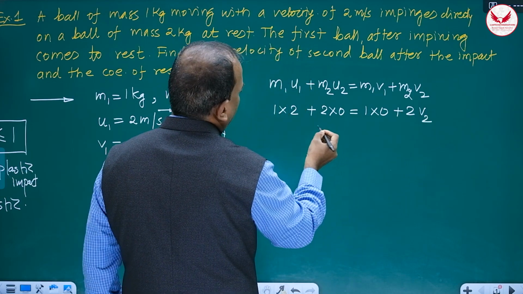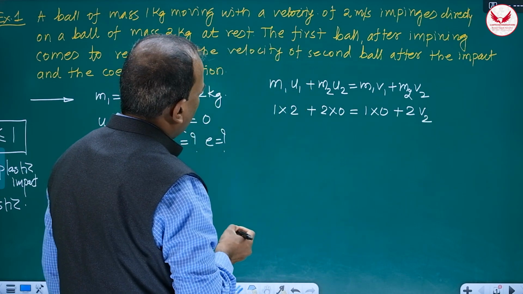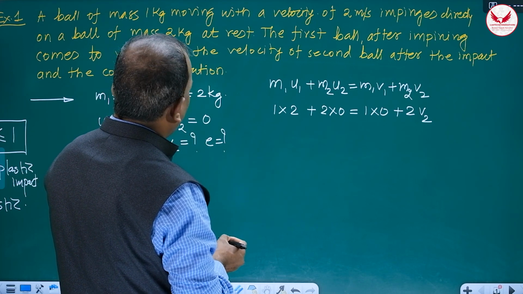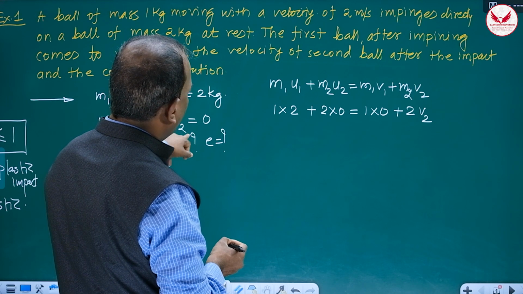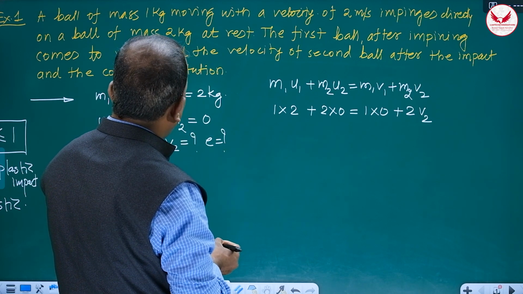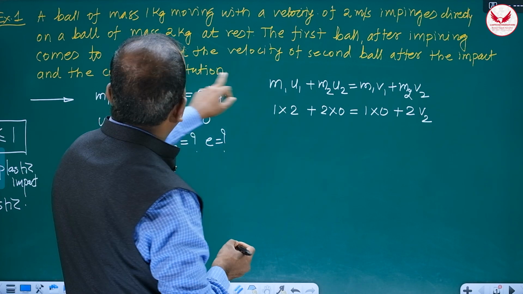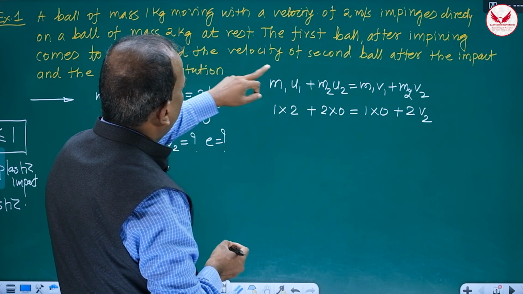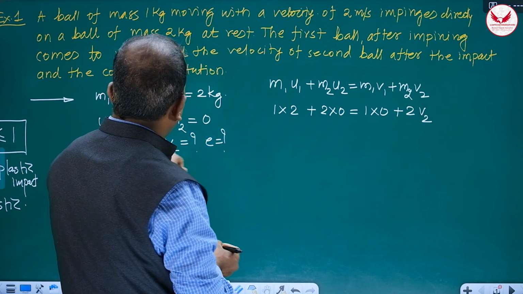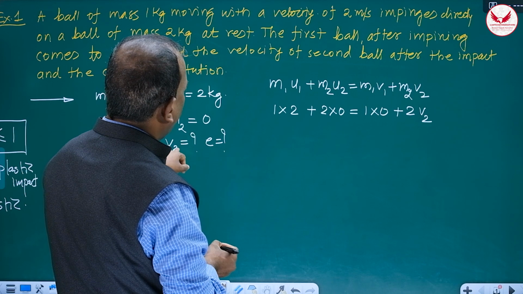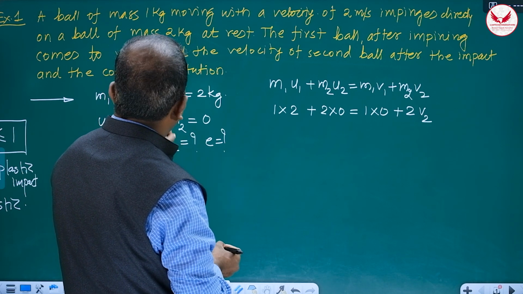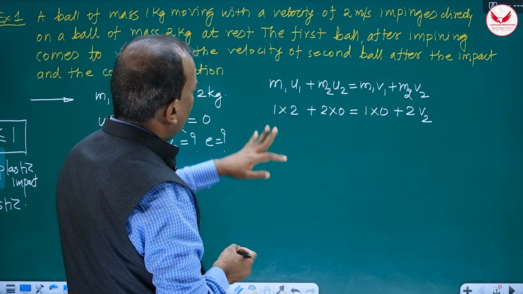Now say M1 U1 is 1 into 2, plus M2 U2 is 0, equals M1 V1, which is 0 because the first ball after impinging comes to rest, plus M2 2 kg into V2, which we have to calculate.